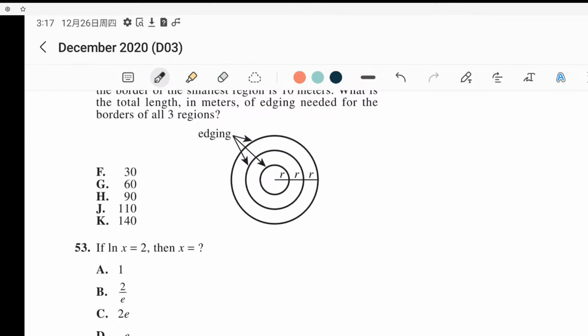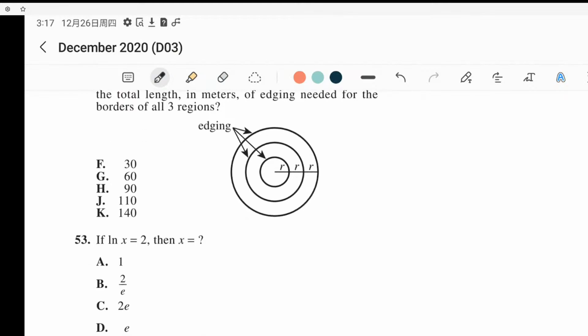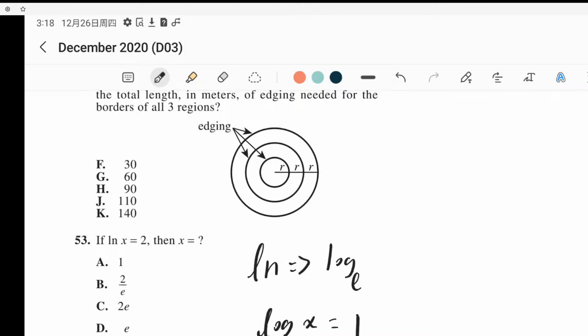So this should be taught in pre-cal, and also used a lot in calculus and other mathematics. So natural log ultimately is logarithm base e. So we're given that log base x of x equals 1.